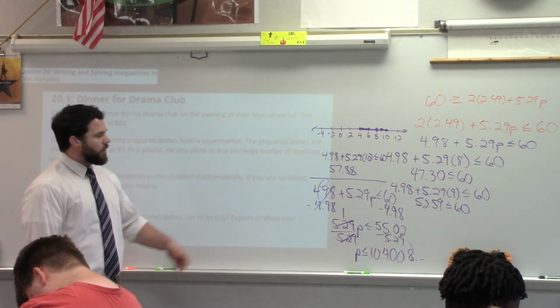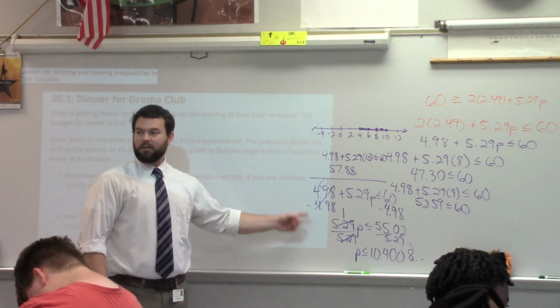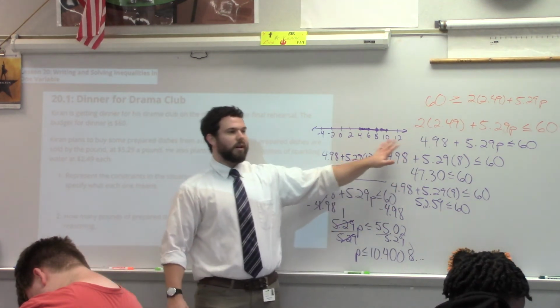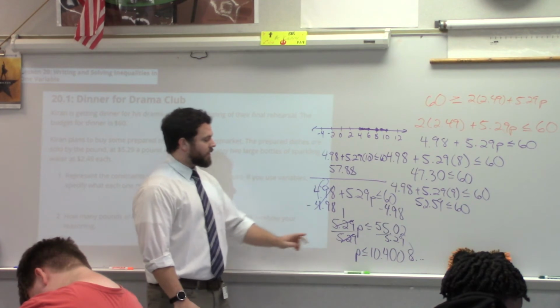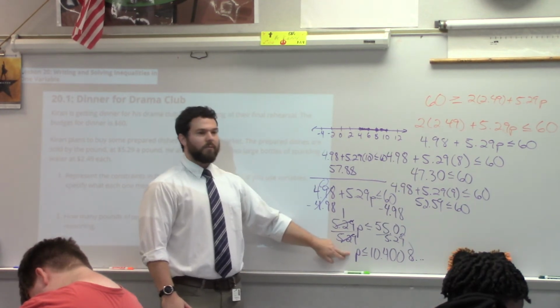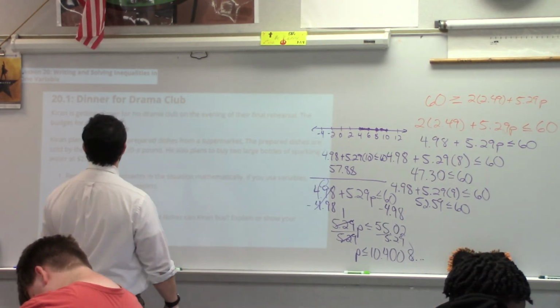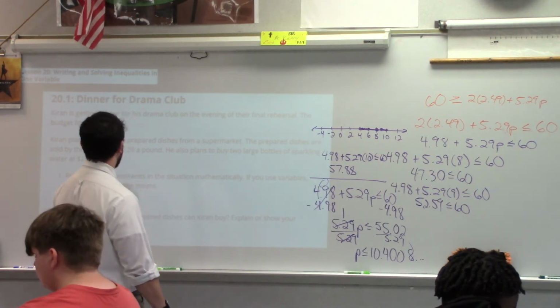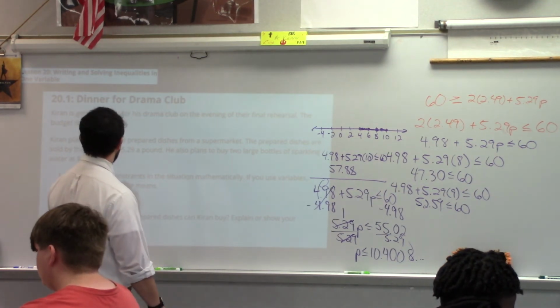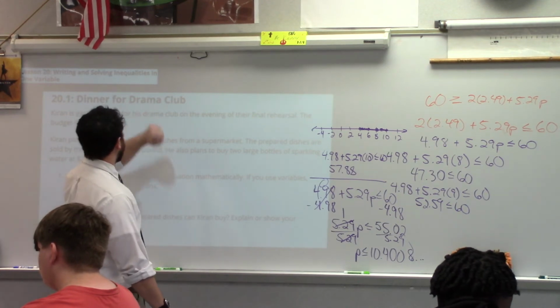But I want you to notice, is this easier than just guessing and checking to find multiple solutions? Heck yeah. Notice what this statement says is the number of pounds that, what's his name? Kieran. I can't figure out if that is a boy.